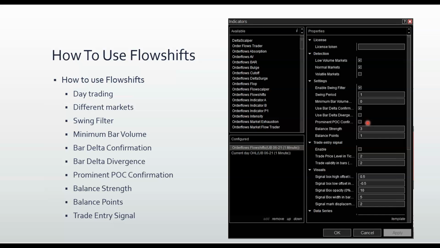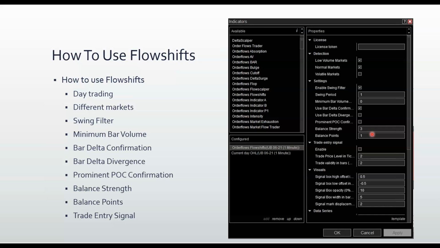So say you have a setting of balance strength of 1 and balance points of 1, that's the lowest setting that can be, and you're going to get a lot of signals, right? As you go up in strength, obviously, there's going to be fewer signals, because it's requiring stronger balance in the market to be happening. And the highest you go is 5.